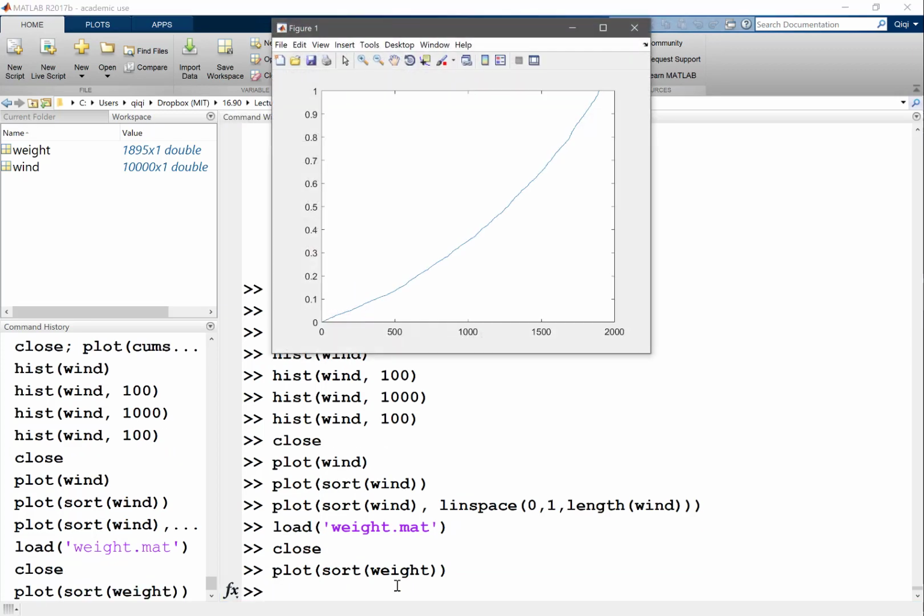Is that what you want to do? So here's the ordered weight of my payload, right? So from basically almost nothing to the upper limit of 1 kilogram. So if that's representative of what I have to carry in the future, how would you go ahead and design your quadcopter?